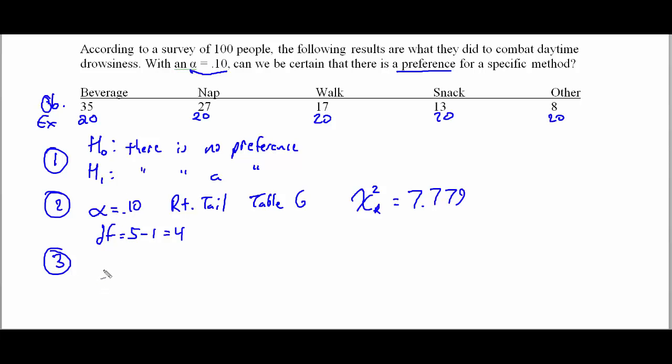So what we do for step 3 is we look at the differences between these two and square them. Now I'm going to subtract observed minus expected, so most of these are going to turn out positive. So this is going to be 15 quantity squared divided by how many we expected in that group, because it's observed minus expected squared divided by expected, plus 27 minus 20 is 7 squared divided by 20.